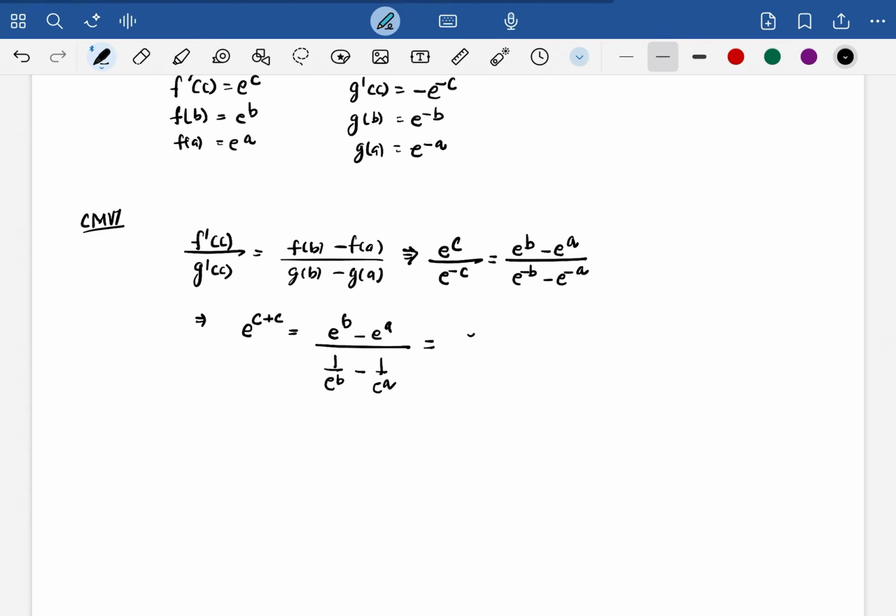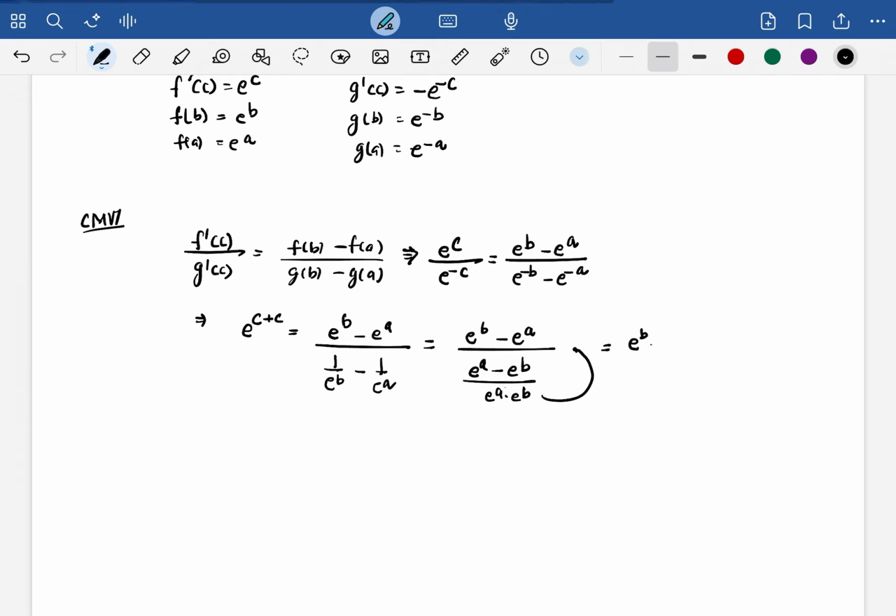Okay, and can we say e to the power b minus e to the power a divided by e to the power a minus e to the power b divided by e to the power a into e to the power b. So this will go at the top.